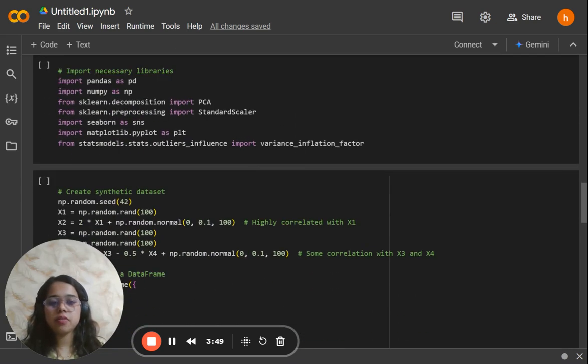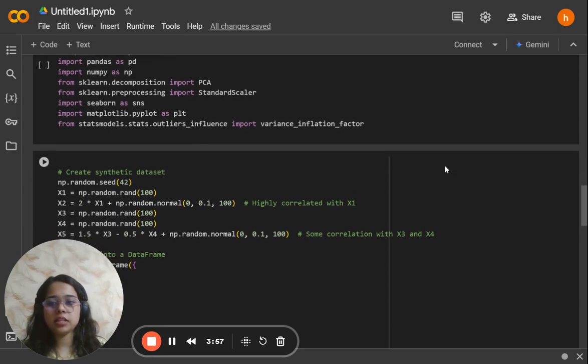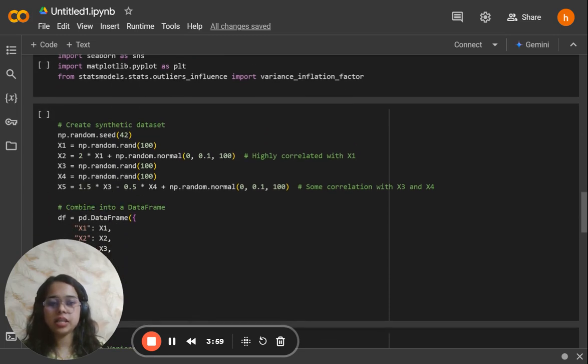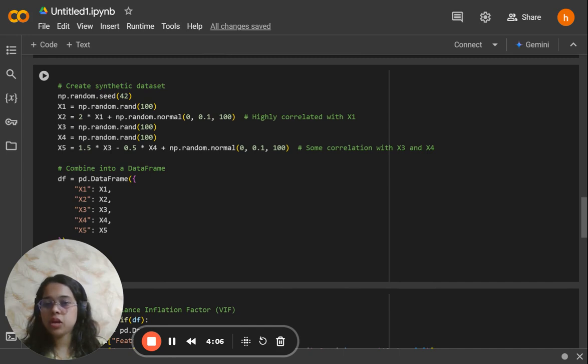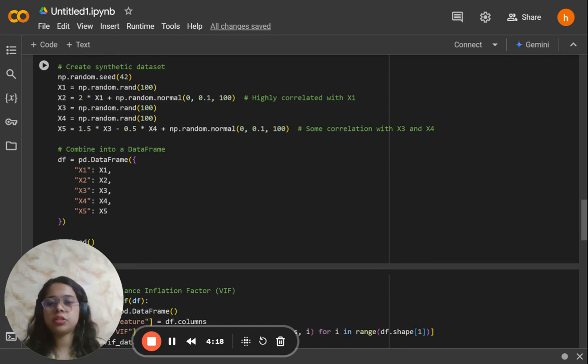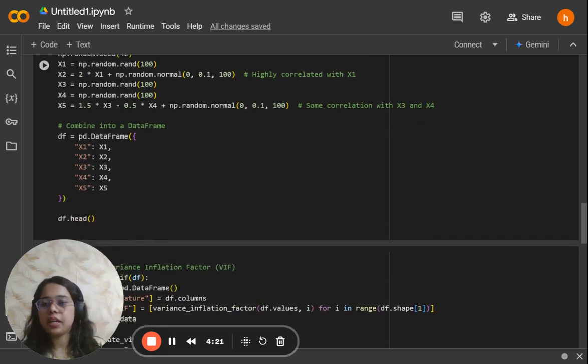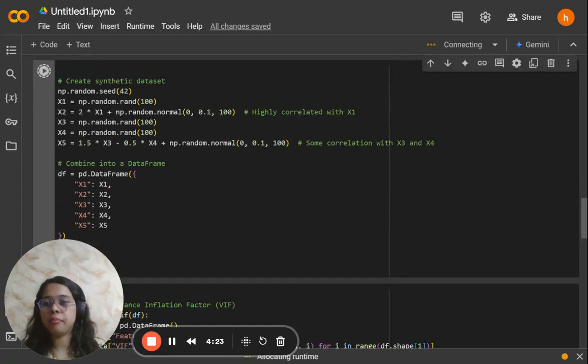Now, in this code, we have imported libraries, and then we are creating a synthetic data set where we are seeding it, and x1, x2, x3, x4 are some features, and then we correlate them. For example, here x2 is correlated with x1, and x5 has some correlation between x3 and x4, and then we are combining it into a data frame.